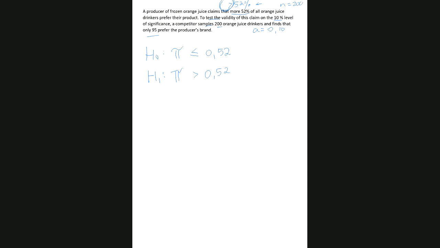So what they're saying here is that p is equal to 95 out of the 200, and you must show the working whenever you have this type of question. Your value of p to two decimal places is then 0.48.